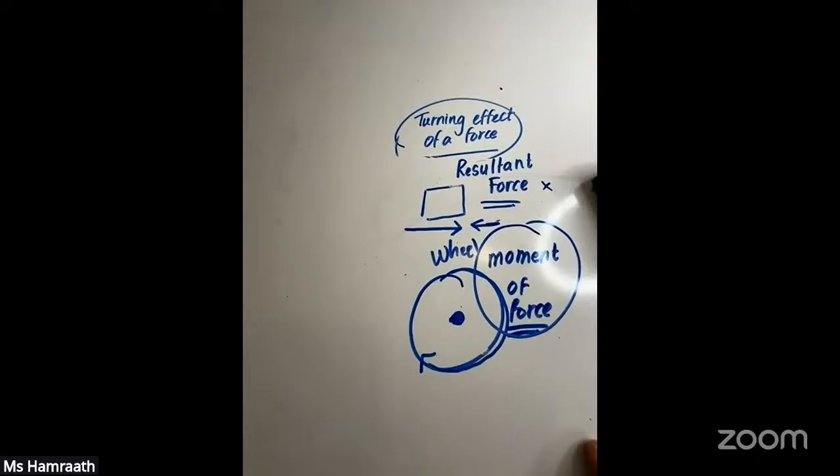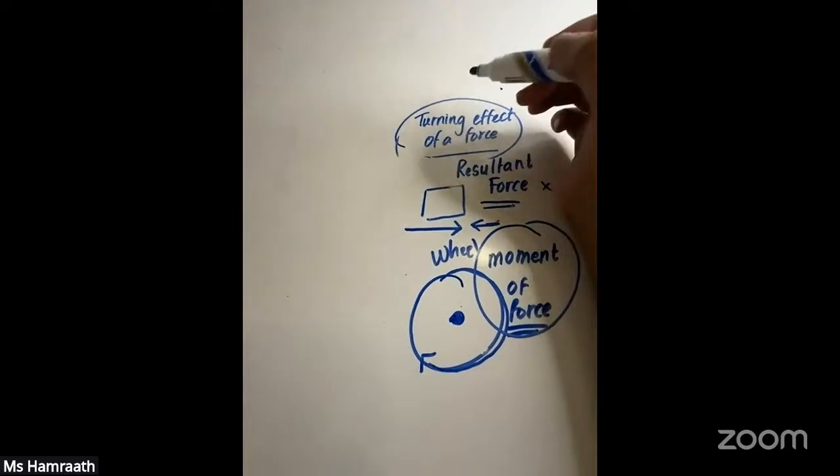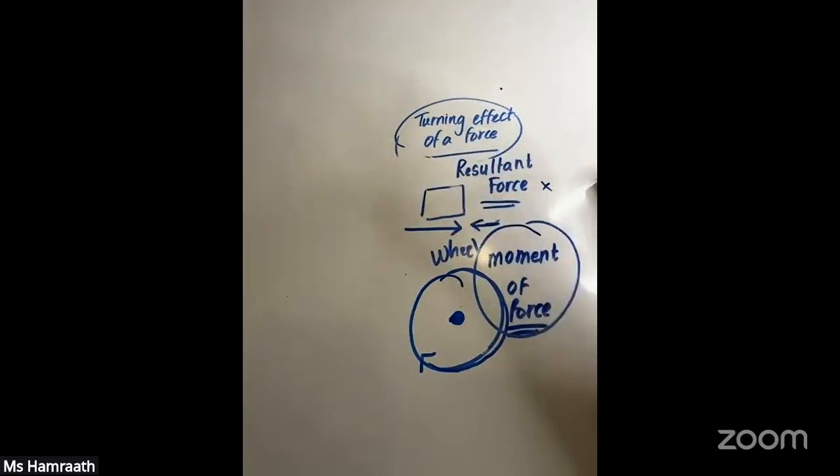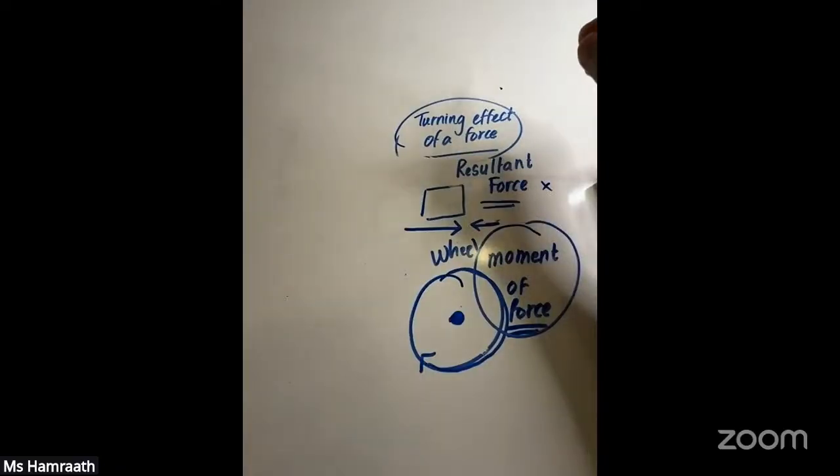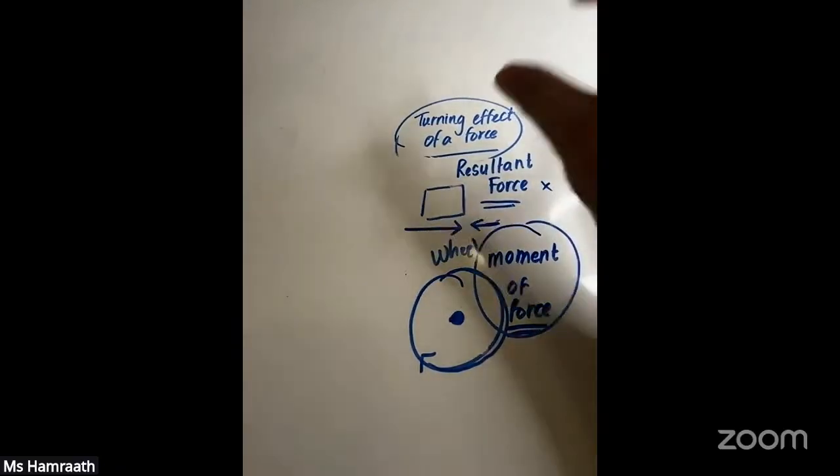Clear with that? Now listen to me carefully. If you have any doubts, once I explain, I will ask you whether you understood or not, and at that time you can send me a chat via Zoom. In case you don't have the chat option, because sometimes people have a problem with chatting in Zoom, you can send me a WhatsApp message so that I can view it.